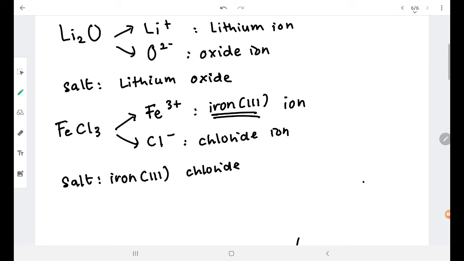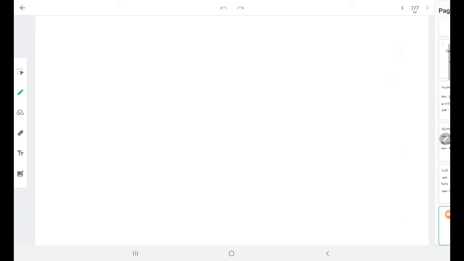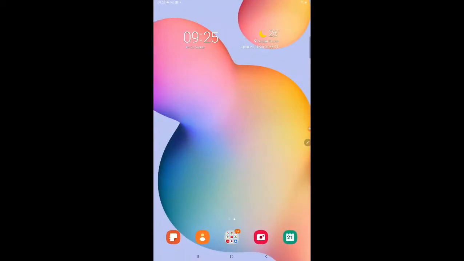Okay, last example is KMnO4, which consists of K plus ion and MnO4 minus ion.